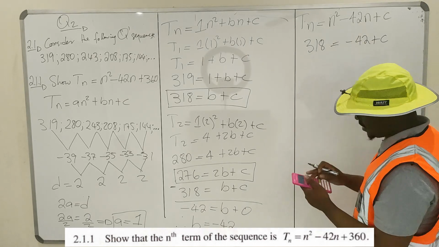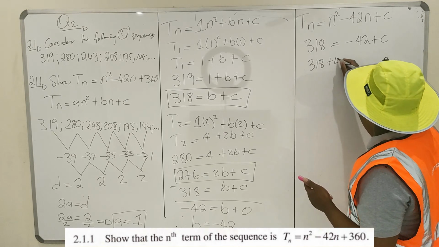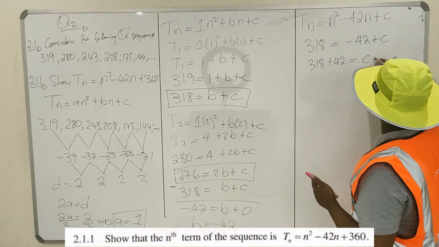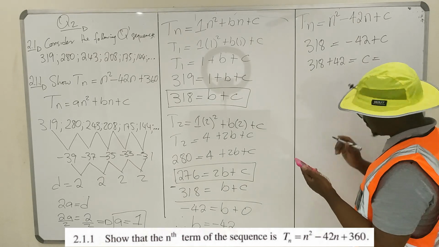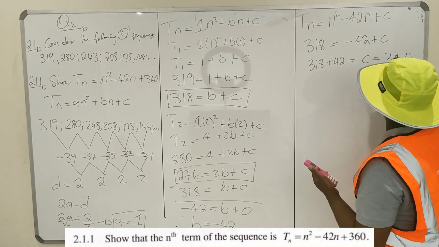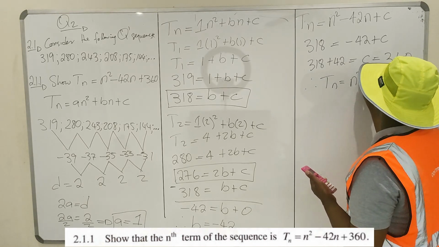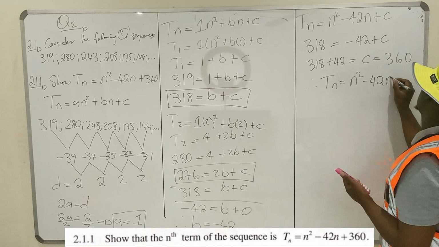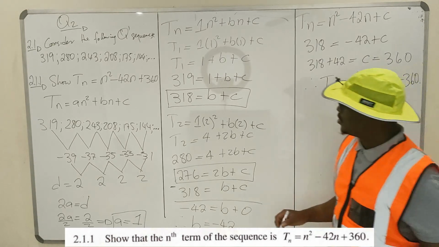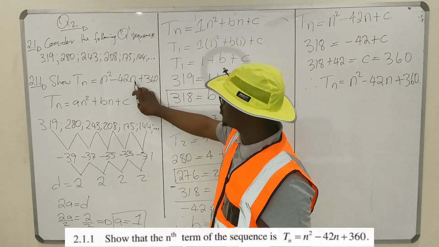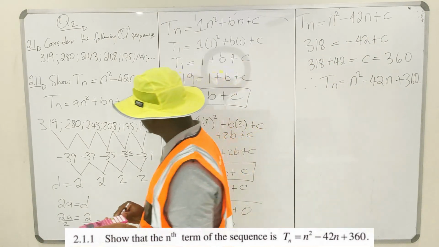So transpose the b: 318 plus 42 is equal to c, which is 360. Therefore, my Tn is equal to n squared minus 42n plus 360, which is what you're trying to show there. So we're done with this question.